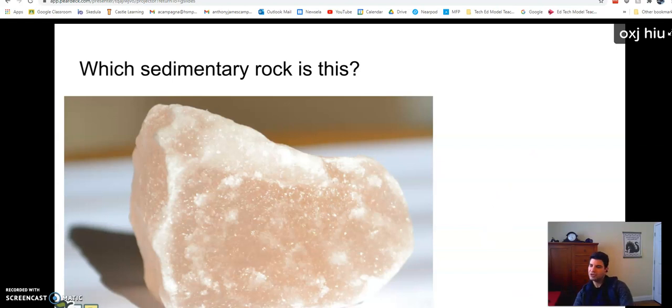Well, Miss G, what don't we see in this specimen? No fragments. Okay. So get rid of clastic. Do we see any evidence of prior life? So I guess we can get rid of bioclastic. No, it's not coal, because coal is black.